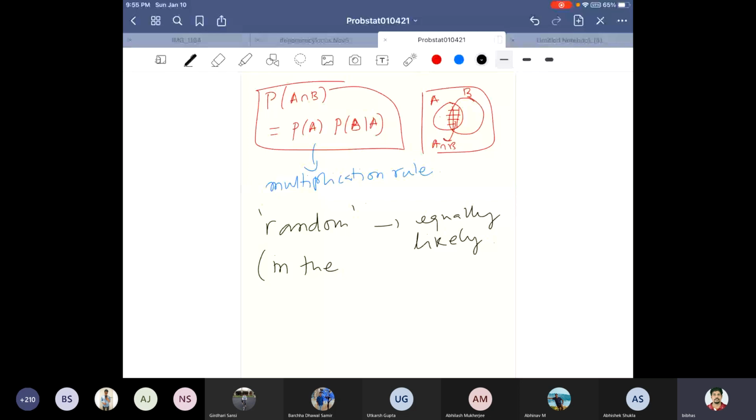If it is not equally likely, then it will be mentioned. If it is not mentioned otherwise, then by random we always mean it is equally likely.